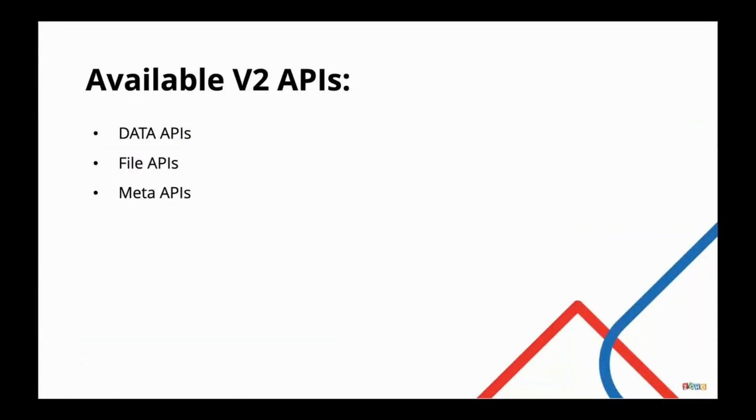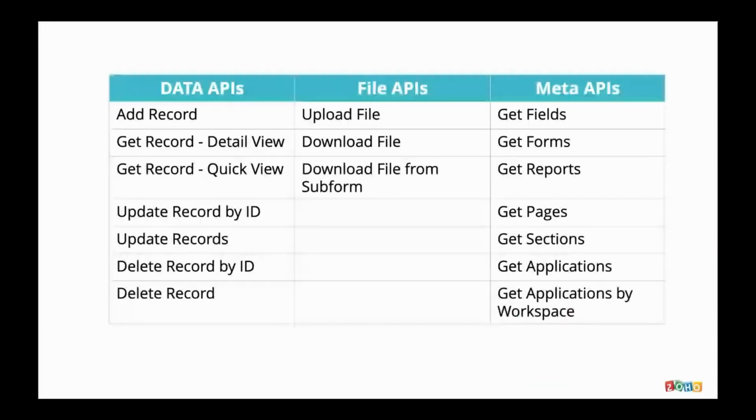So here we have the APIs of version 2: Data API, File API, and Meta APIs. These are the APIs that are used to perform the individual operations listed here. If you need to add a record into a Zoho Creator application, then you need to use the add record API. Each and every particular API has its own scope and parameters that need to be used.